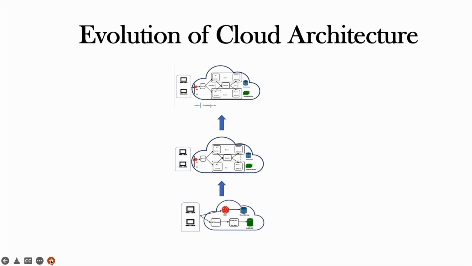Our evolution of cloud architecture started from simple cloud architecture, and we moved to enhanced cloud architecture, and from that we reached a steady, perfect, or ideal state of cloud architecture, called scalable cloud architecture. Hope you got a good idea about how cloud architectures are enhanced and made scalable by using different functions available in each cloud service provider, right?